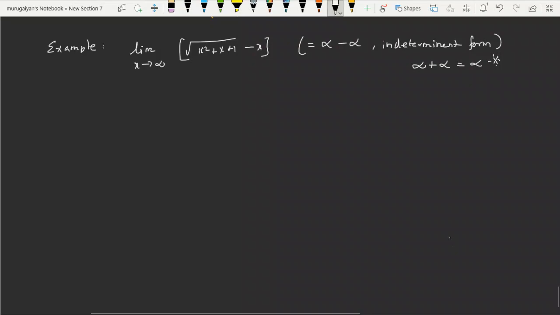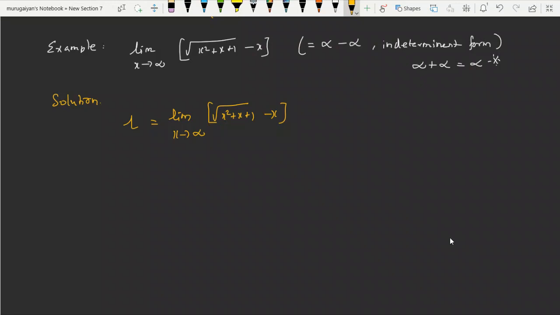Now, what to do? Let us take L as the limit. Limit x approaches infinity, square root of x square plus x plus 1 minus x. The straight away value is infinity minus infinity.